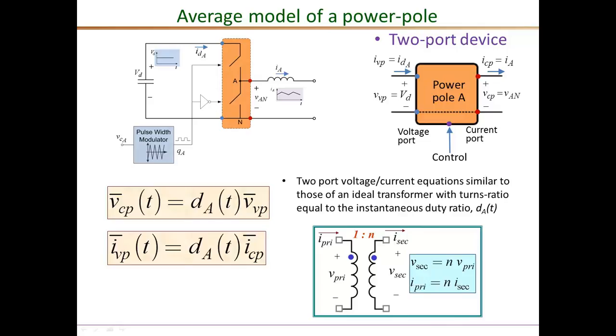Then the secondary voltage V secondary is N times V primary, and the I primary is N times I secondary. So for example, if we consider the voltage port side as the primary, the current port side as the secondary, then we can denote the power pole in an average sense as an ideal transformer with a turns ratio of this instantaneous duty ratio.